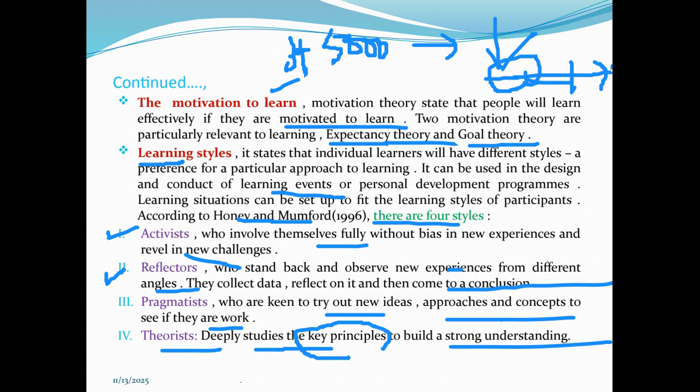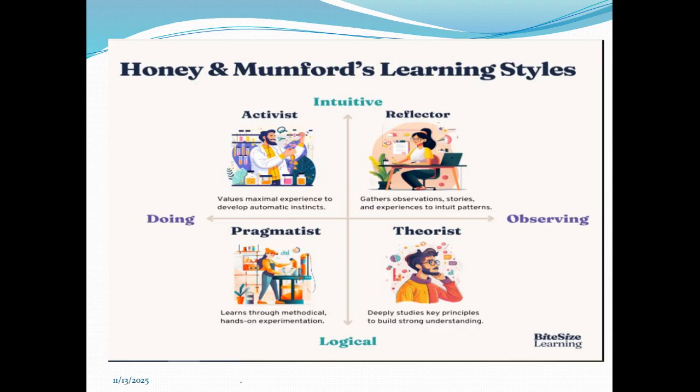He asked why the apple fell down, why the apple did not go the other way around. These kinds of people, who try to see the principles of what happened, are basically called theorists. So Honey and Mumford's learning styles are all these 4: activists, reflectors, pragmatists, and theorists.